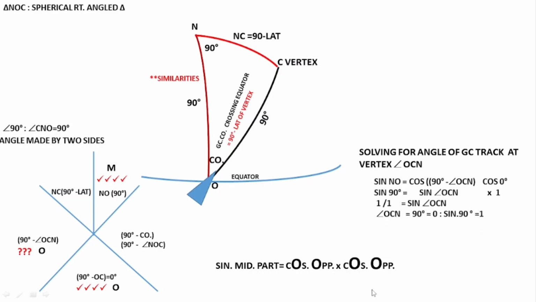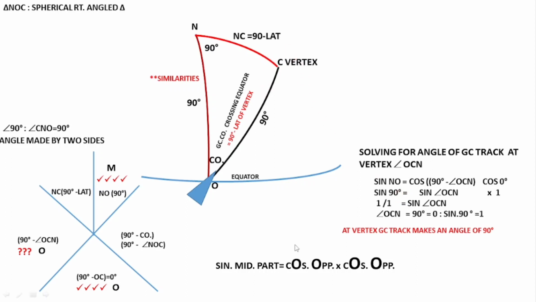I put the formula there, and I've got sine 90. Cos 90 minus theta is sine theta, and cos 0 is 1. And 1 by 1, so sine 90 is 1. So this angle should be 90. So at the vertex, the track makes an angle of 90 degrees.